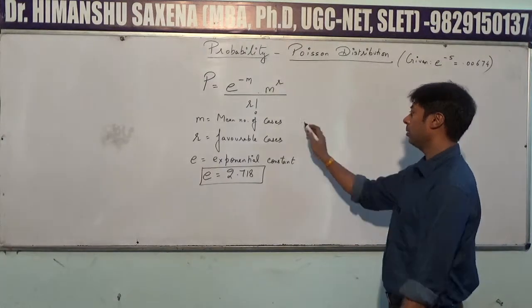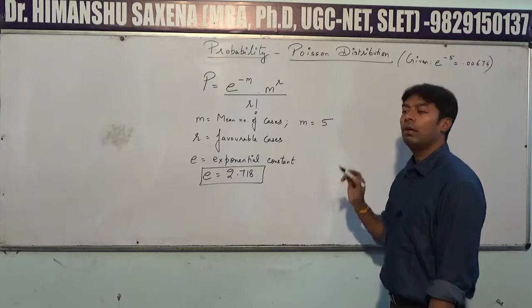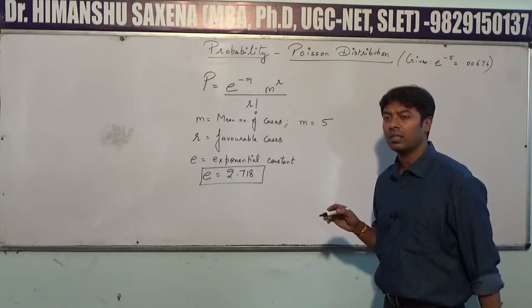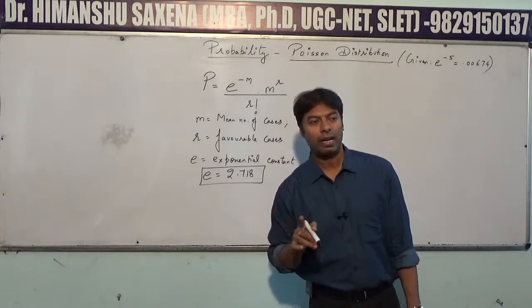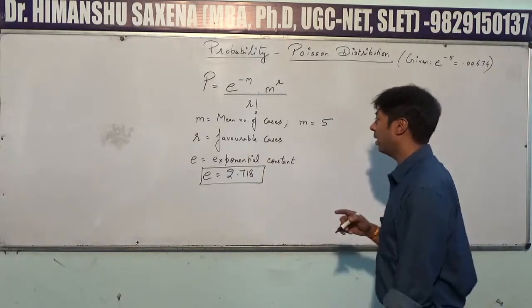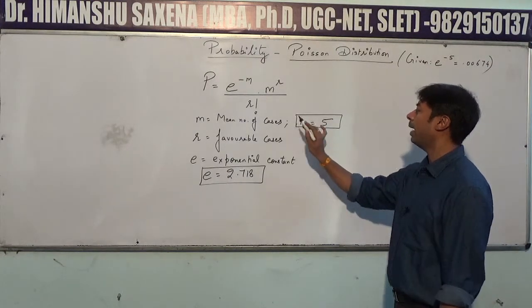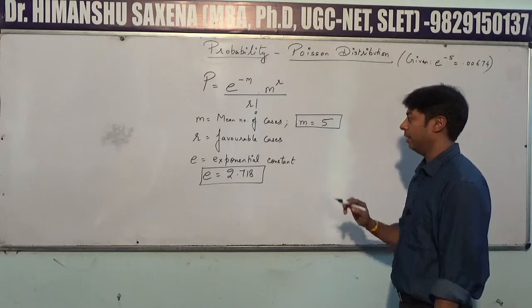Now remember, m over here, the mean number of cases, is 5. Just look at the first line of your problem. On an average, 5 birds hit the Washington Monument and are killed every week. So over here, the value of m is equal to 5.